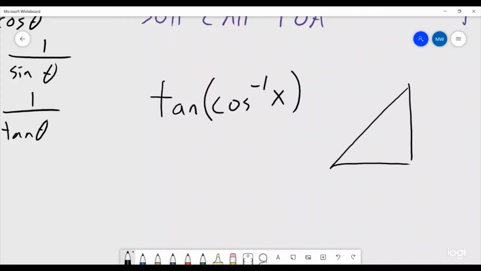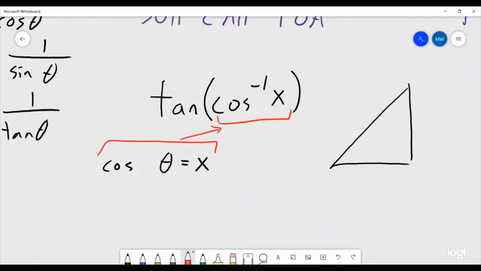So inverse cosine of x is asking for what angle theta satisfies cosine of theta equals x. That is interchangeable with this cosine inverse of x. We are trying to figure out what value of theta is going to satisfy that.